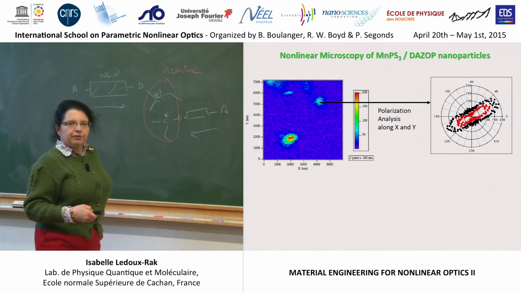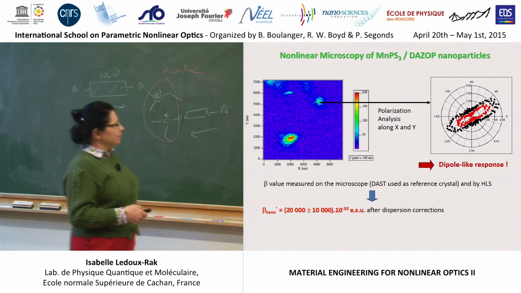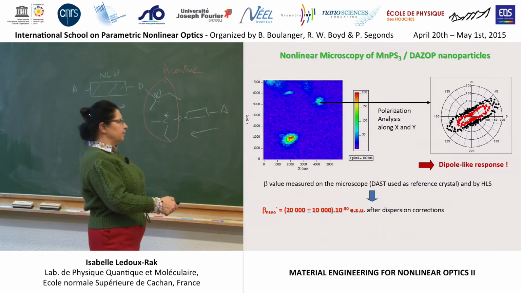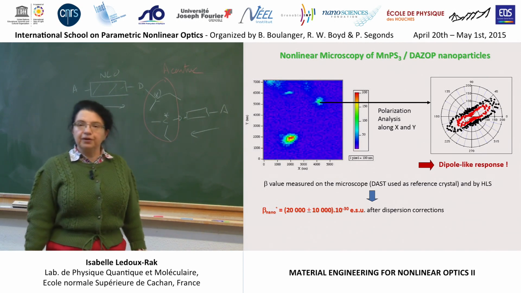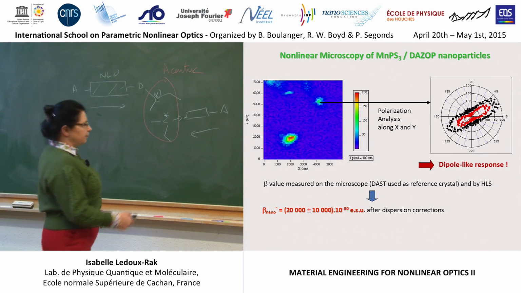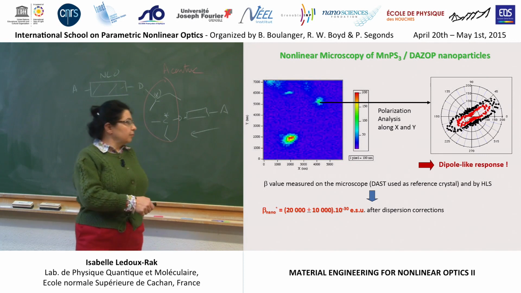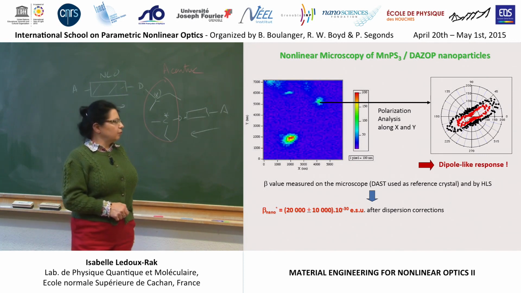And by comparing to standard nonlinear materials, the beta value has been compared, and the result is a beta which is the same order of magnitude as the beta found by harmonic light scattering. So we find that using two completely different methods, we find the same information about nanoparticles.